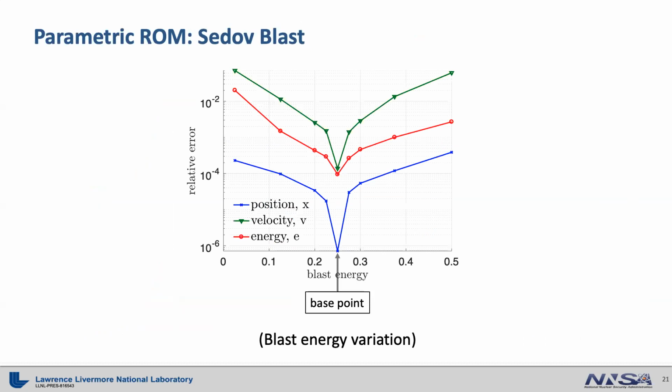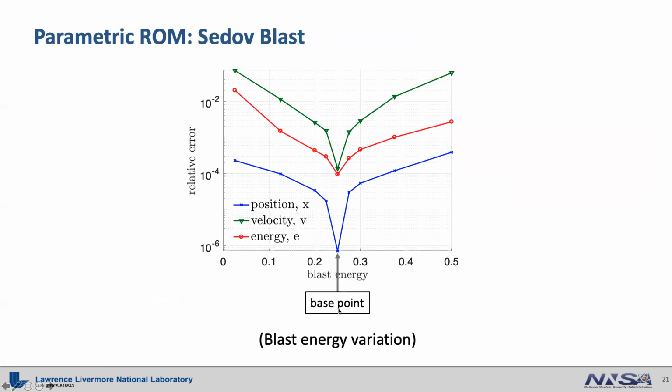Of course, the reduced order model is not useful if it can only reproduce what the full order model has already produced in the training phase. So in order to see the predictability, we have varied the initial blast energy and seen how our time-windowing reduced order model performs. As expected, it is the most accurate where the model is trained, right here.